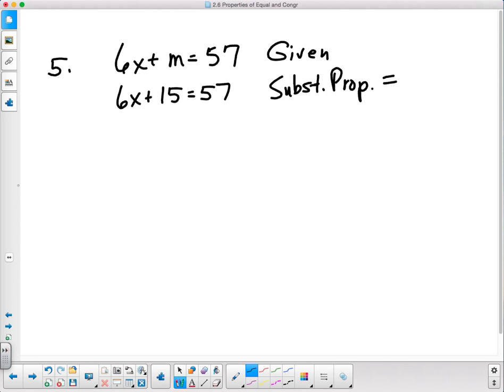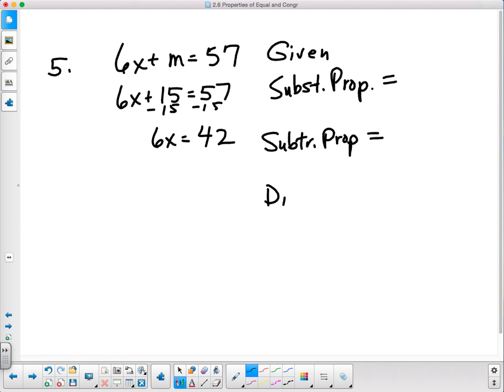Then start doing the solving. So you'd probably do now a subtraction property of equality. So you would get 6x equals 42. And then probably a division property of equality. Divide by 6.